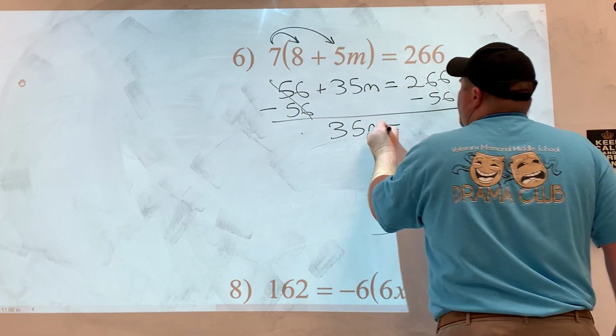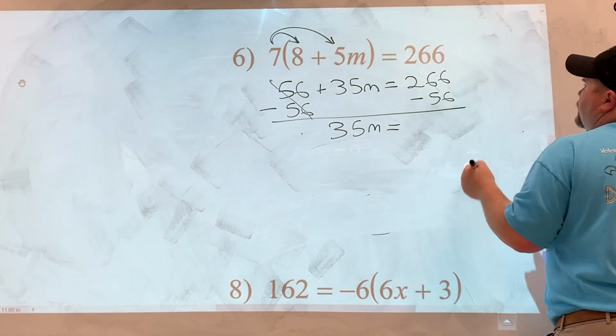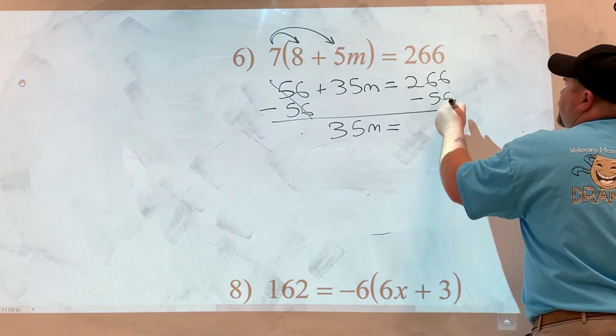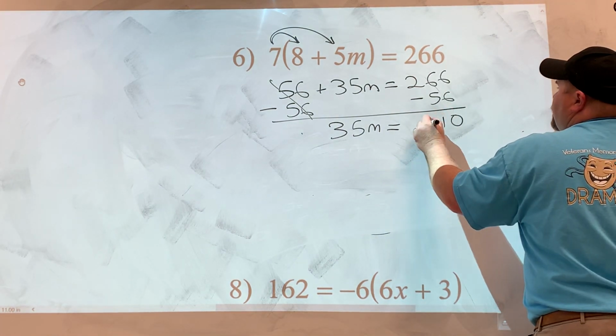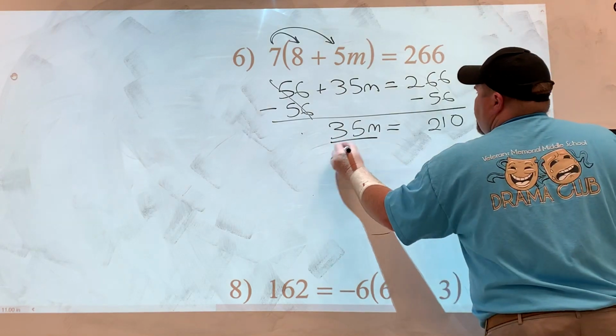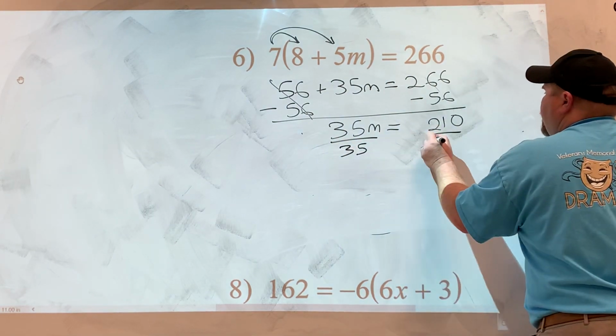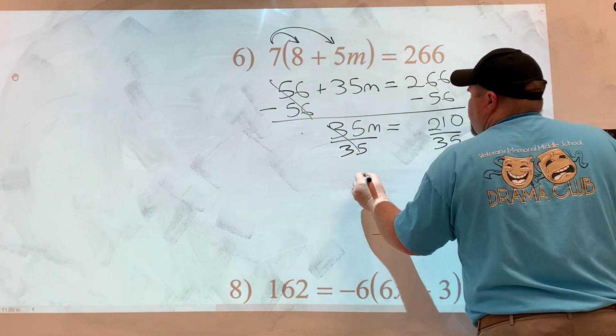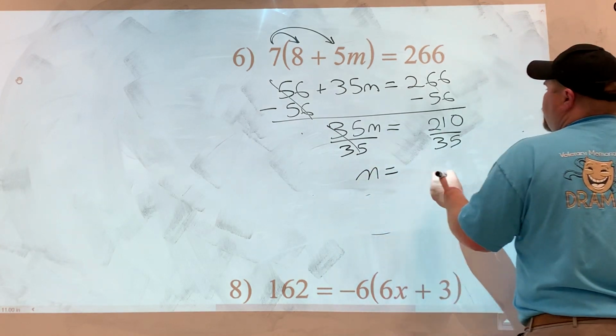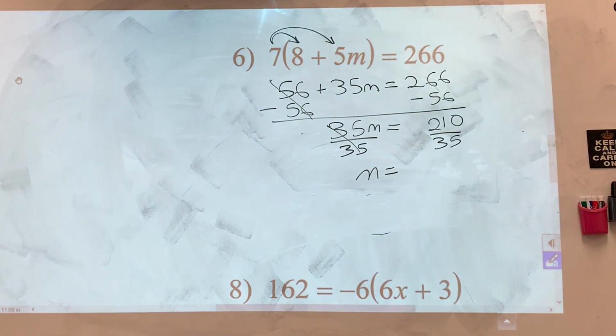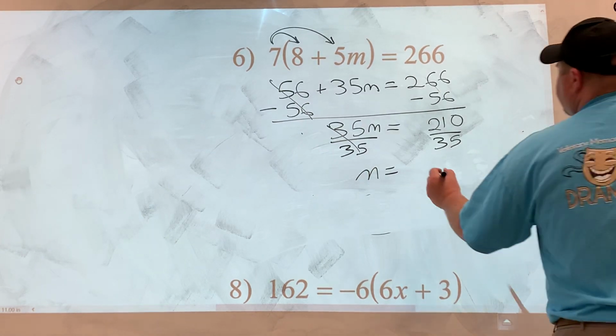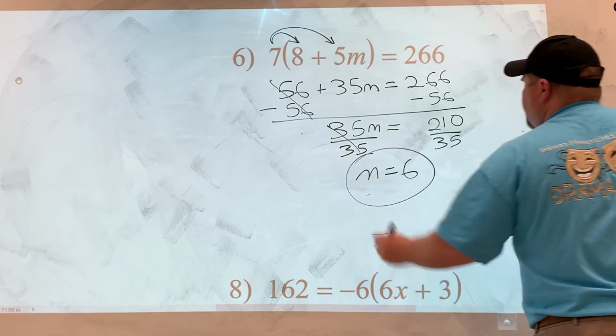Left with 35m on the left. 266 minus 56, 210. Divide both sides by 35. M equals, I'm thinking it's about 5, maybe, let's see, 6. It goes in there 6 times. M equals 6.